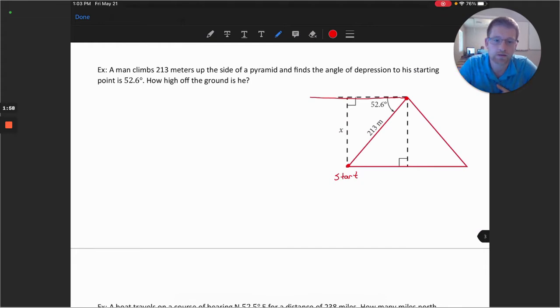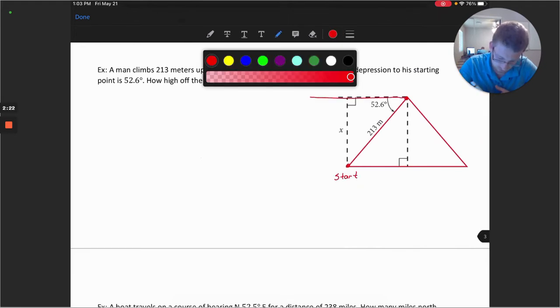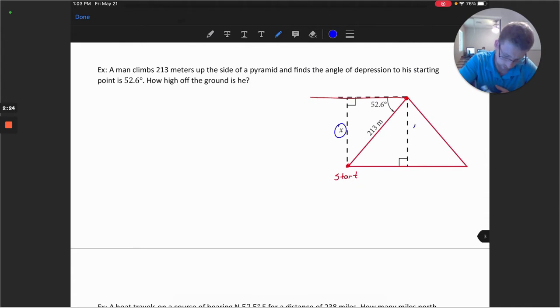And so there's an angle of depression here of 52.6 degrees going down below the horizontal. If I wanted to find the height at this point, we're thinking about the altitude of this triangle. When I consider the altitude of this triangle, these two measures, x here and x here, are the same length. And so we can consider finding this with the trig function again.